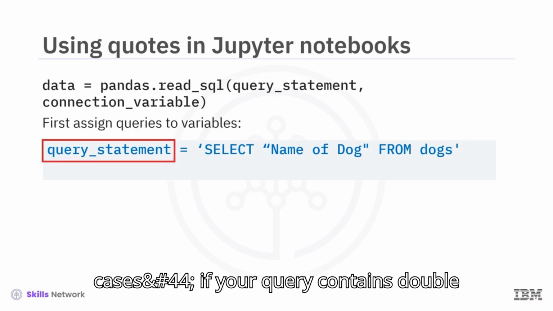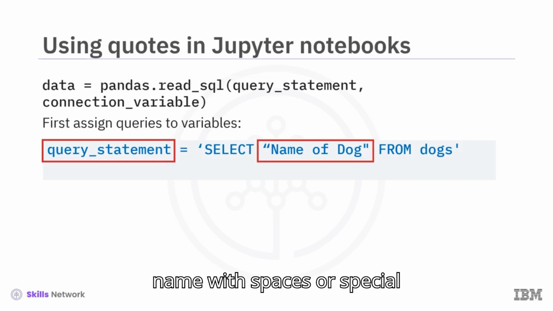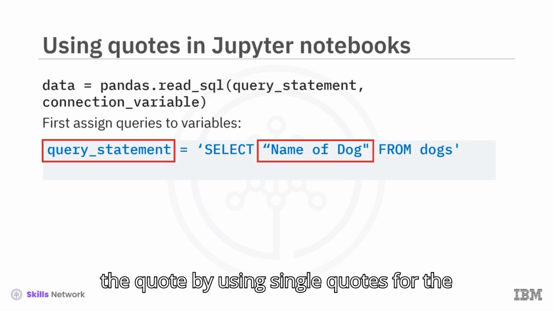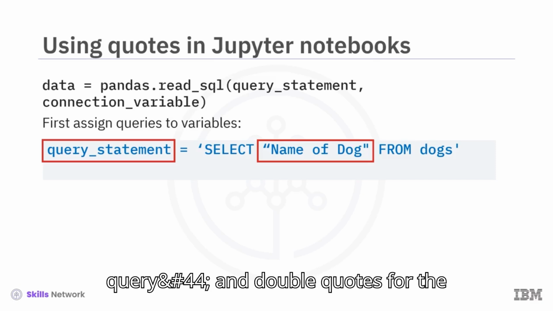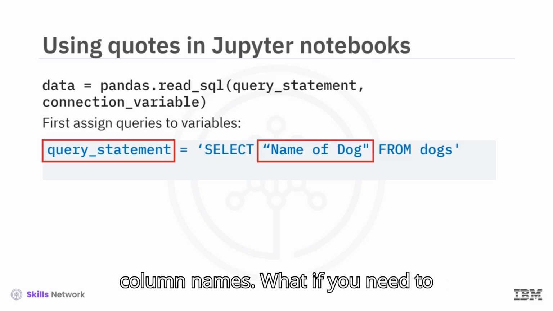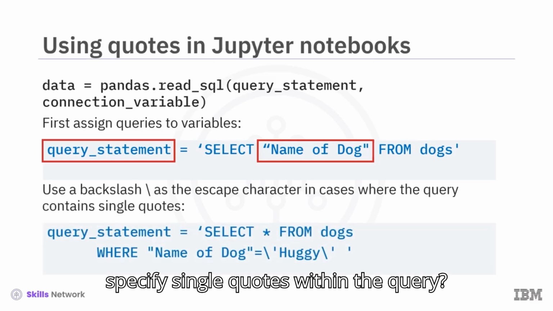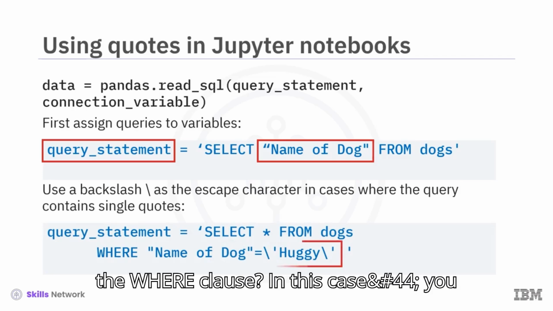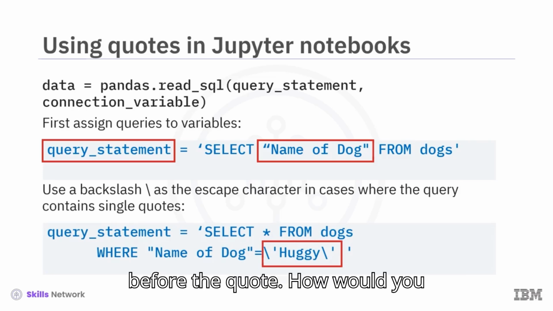In such cases, if your query contains double quotes, possibly to specify a column name with spaces or special characters, you could differentiate the quote by using single quotes for the Python variable to enclose the SQL query and double quotes for the column names. What if you need to specify single quotes within the query, for example, to specify a value in the where clause? In this case, you can use \ as the escape character before the quote.